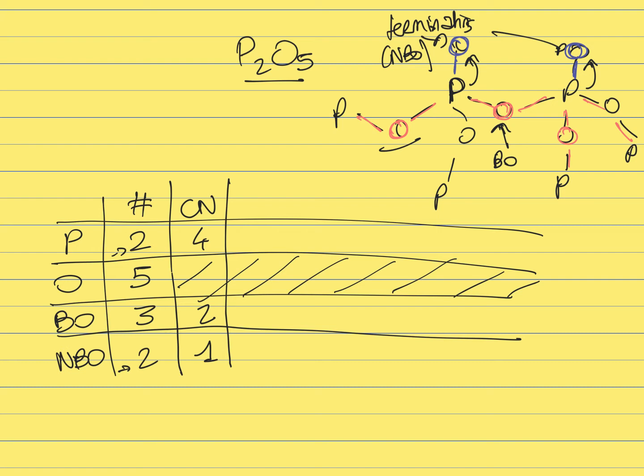The reason that you have 3 BO, for example, if you look at this structure here, you have those 2 NBO here. So every time you have 2 phosphorus, like in P2O5, you will have those 2 NBO, and you will have 1, 2, 3, 4, 5 oxygen atoms.